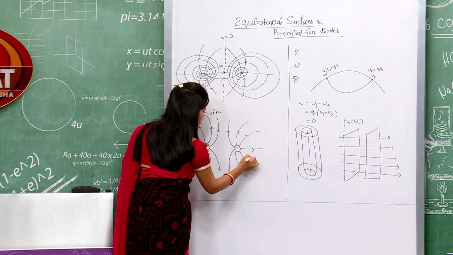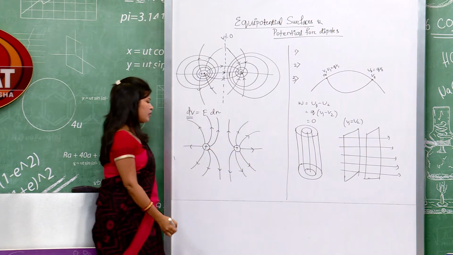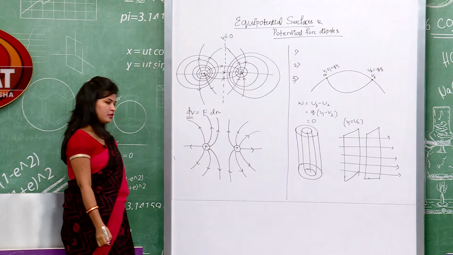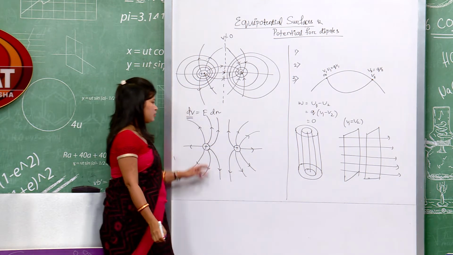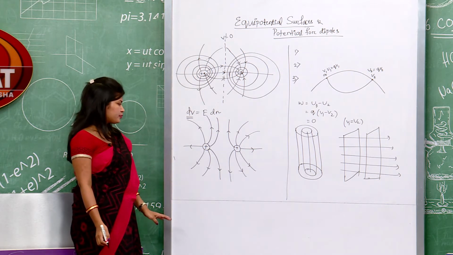You know very well that the electric field is outward for a positive point charge. Then what are the shapes of equipotential?